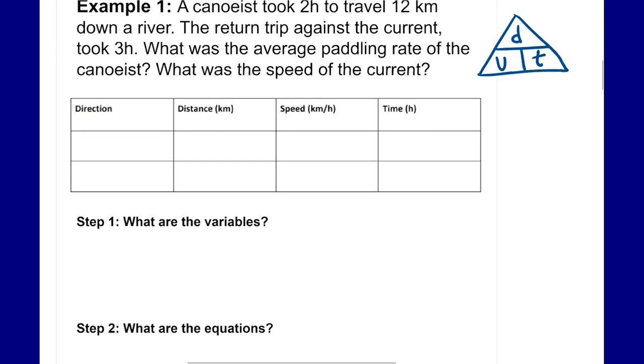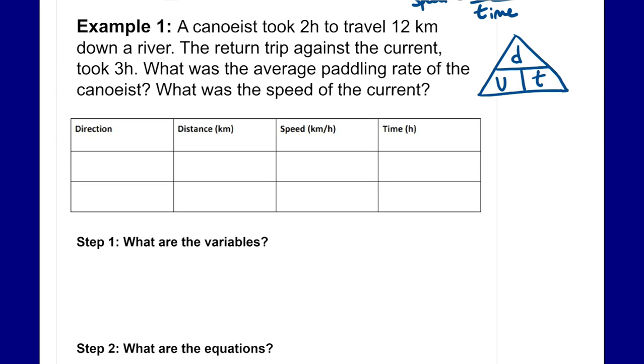So our first step is to figure out what the variables are. We have two things that we're going to be looking at, right? So let p equal the speed of paddling. So just the canoeist alone, how fast were they going?